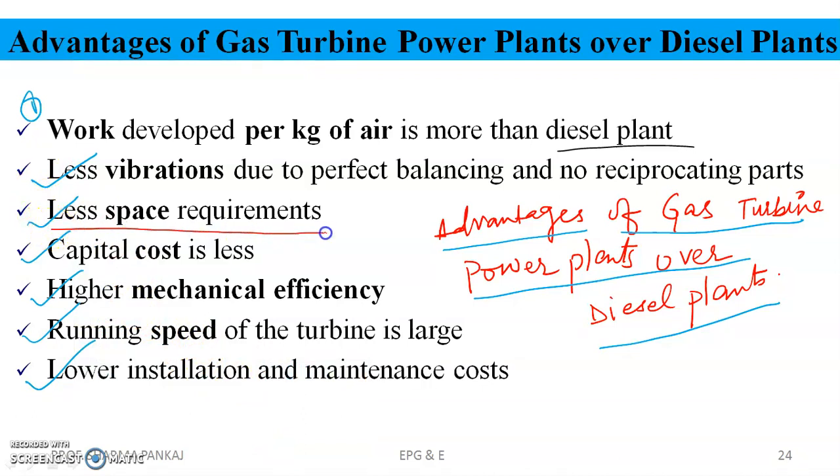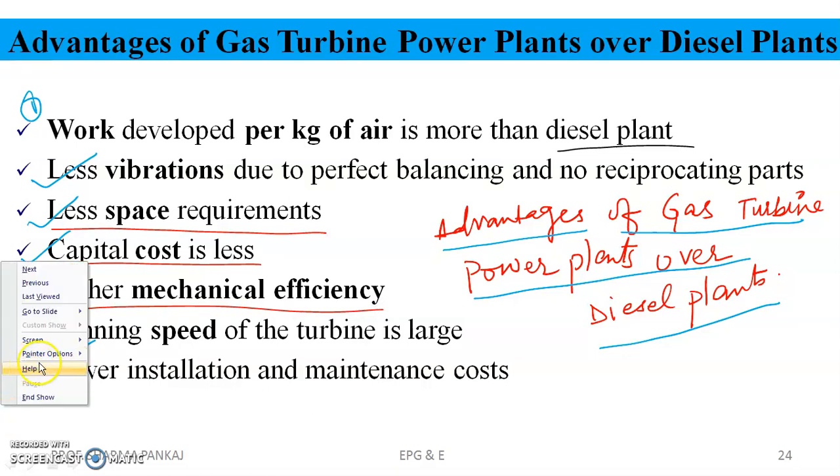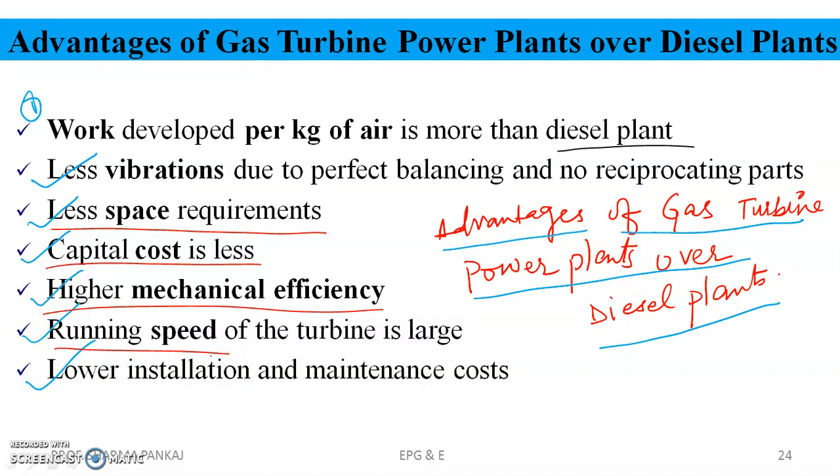Less space required, capital cost is less, higher mechanical efficiency, and running speed of the turbine is large, and the lower installation and maintenance cost.